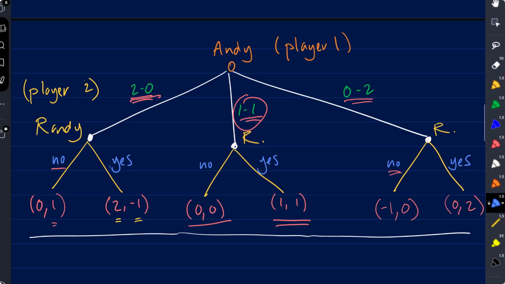So if Randy has to make a choice from this choice node, then he can get either 1 or -1. He's going to choose no to get the 1.